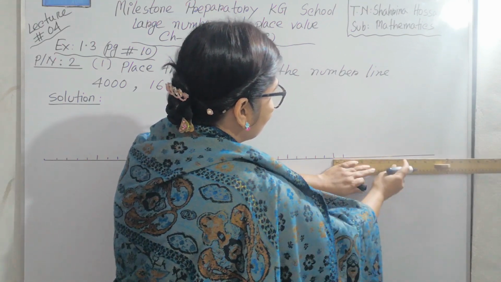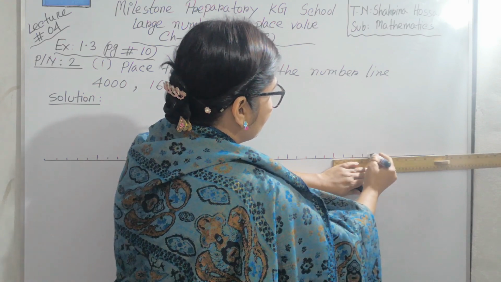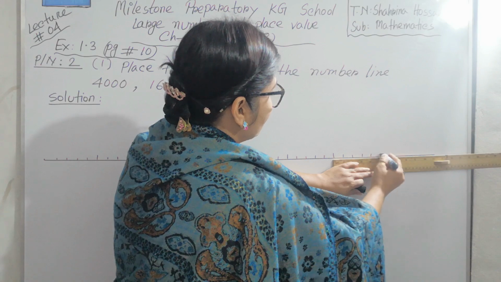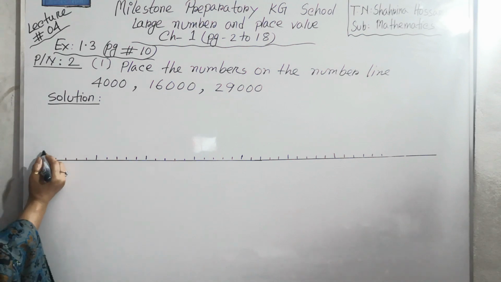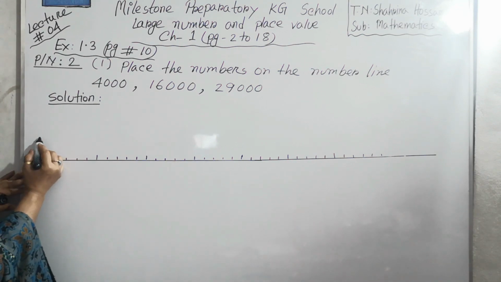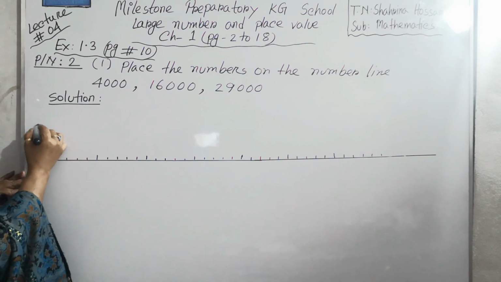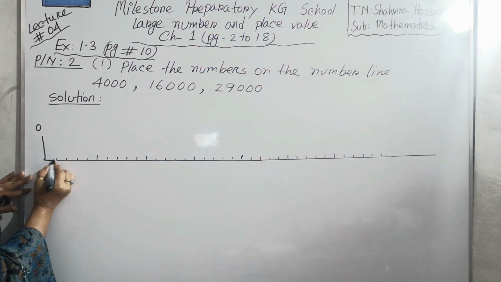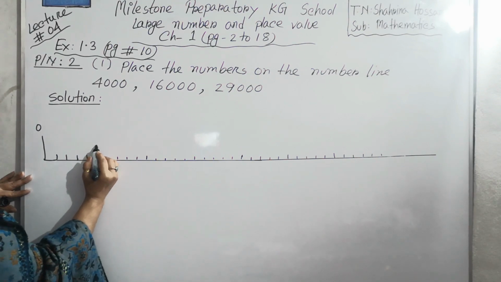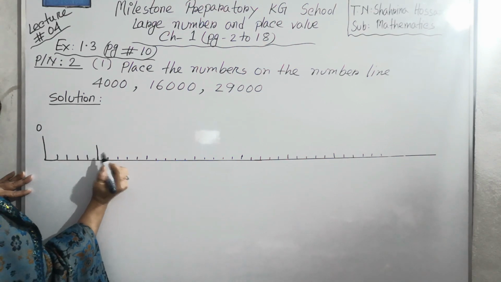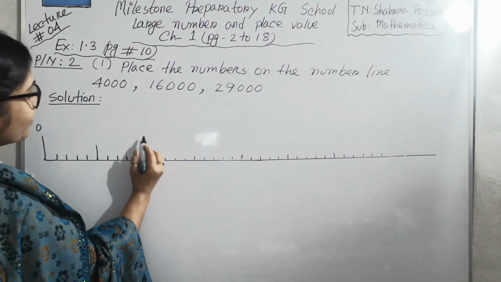1, 2, 3, 4, then 5. Now let's come. At first I draw a bigger line here. It is 0, then 1, 2, 3, 4, then 5.